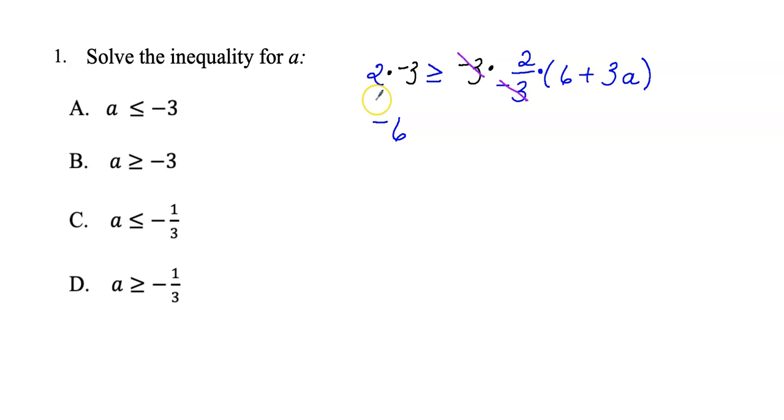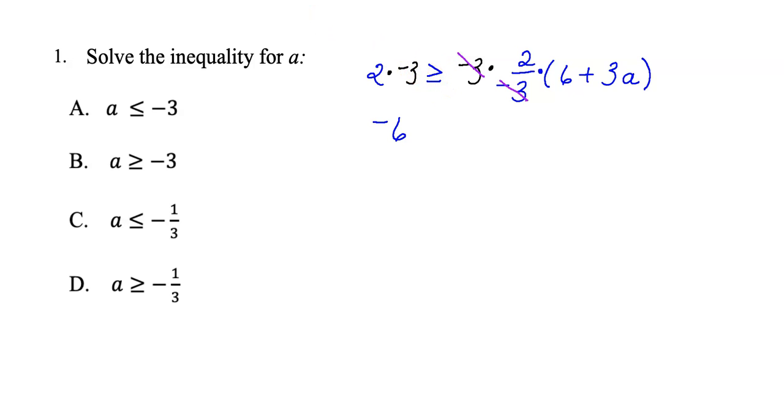Whenever you multiply or divide both sides of the inequality by a negative number, you need to reverse the direction of this inequality.